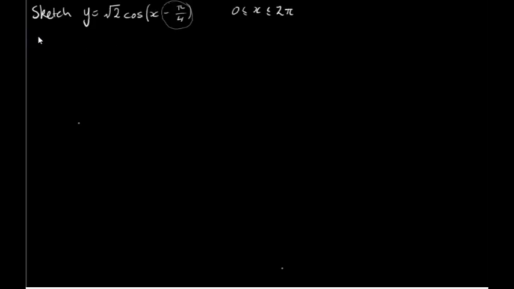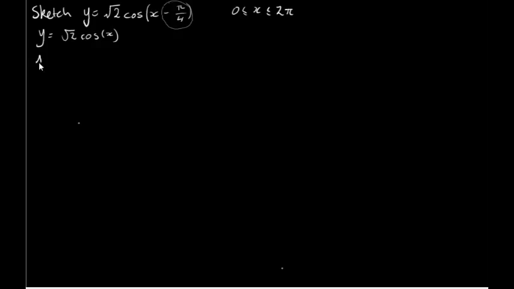So if we instead graph the function the square root of 2 cos x first, we can then use this function and just have a horizontal translation. So let's look at this first and then we'll have a look at the whole function.